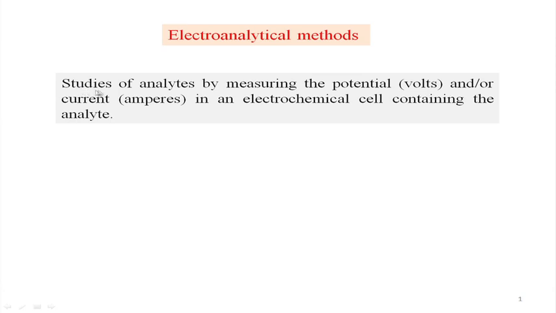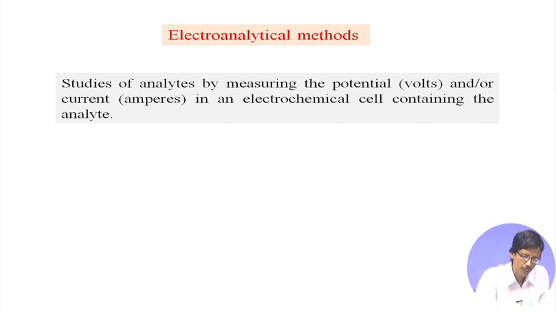So, this study basically includes when you have the analytes and we are able to measure the corresponding potential and/or current. Potential in volts and current in amperes in any electrochemical cell containing the analyte. It is a very simple technique.